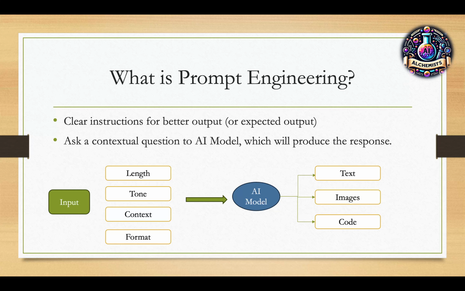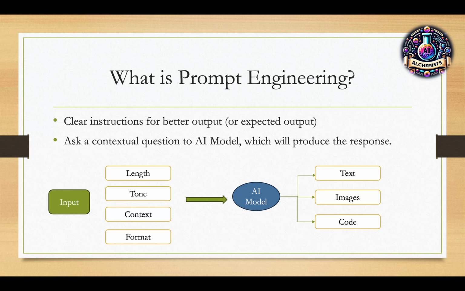So you need to tell the AI in a precise, clear manner, and the instruction should be very detailed, so that the AI has the capability to understand what you are expecting and can come up with relevant answers. Your input probably has some limitations on length, and you can set the tone, like I'm very aggressive, I'm very calm, I'm very soft.